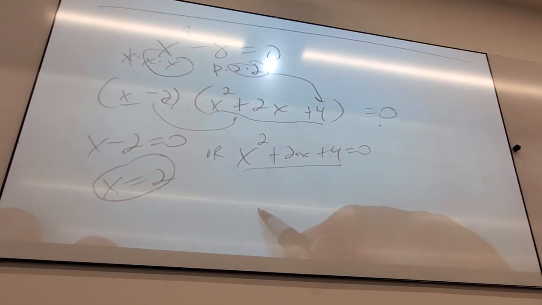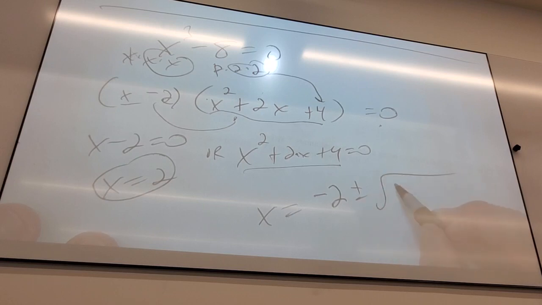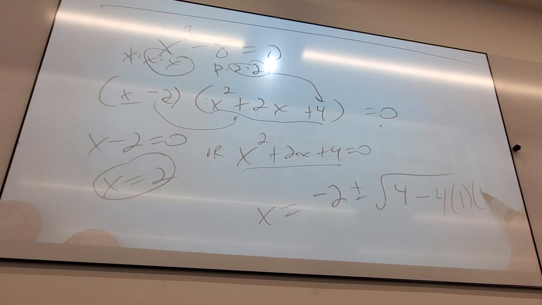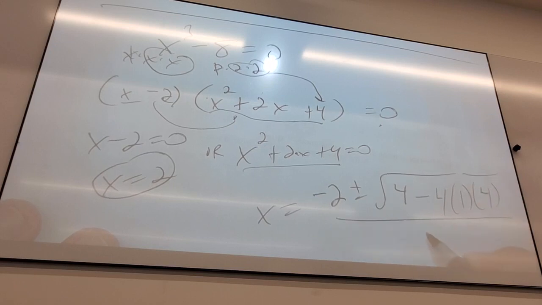So it'll be x equals negative b, negative 2, plus or minus the square root of 2 squared minus 4 times a times c, all over 2a.